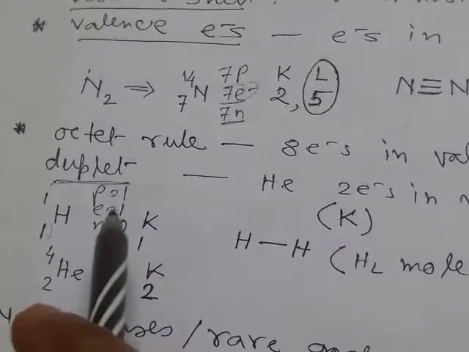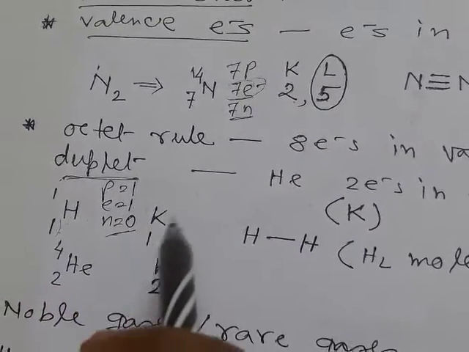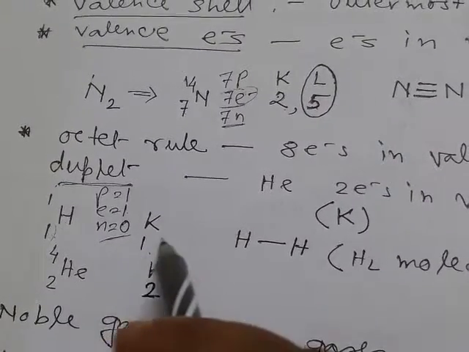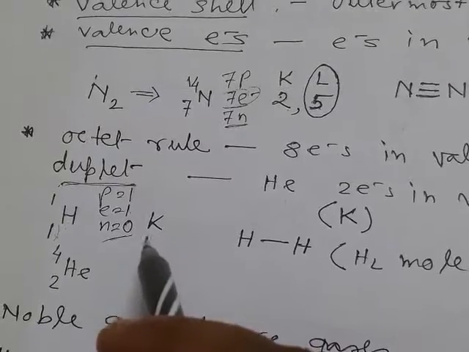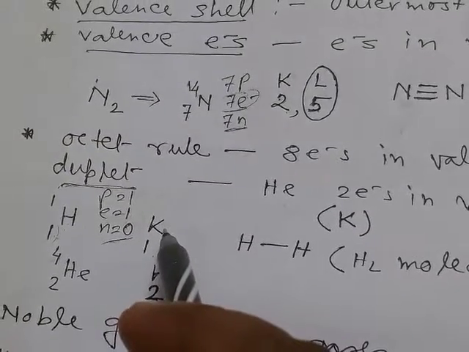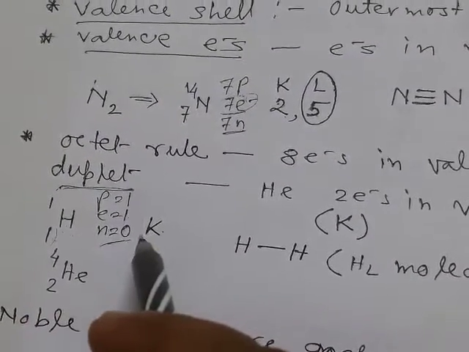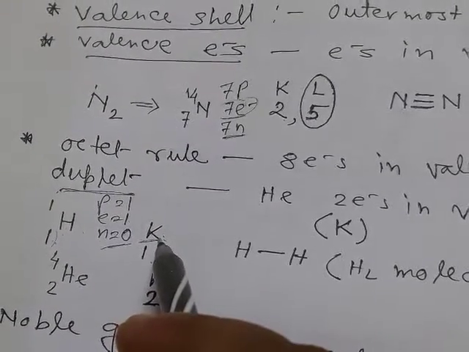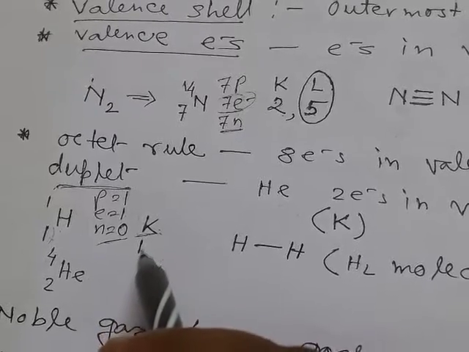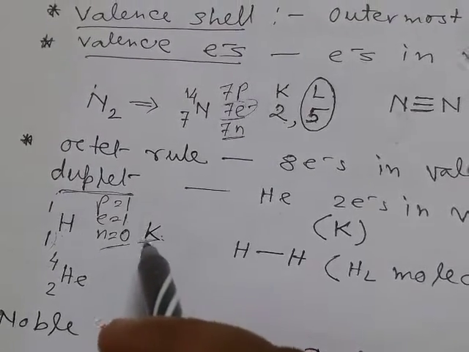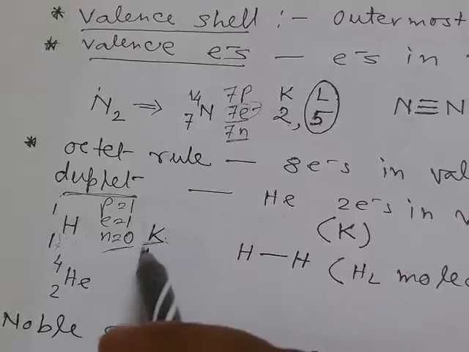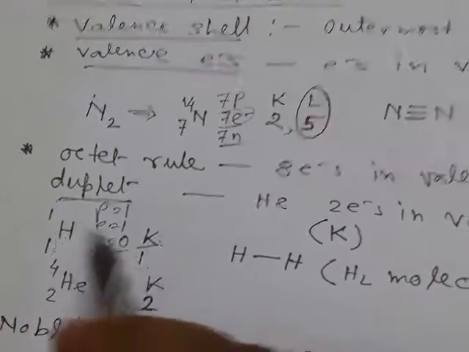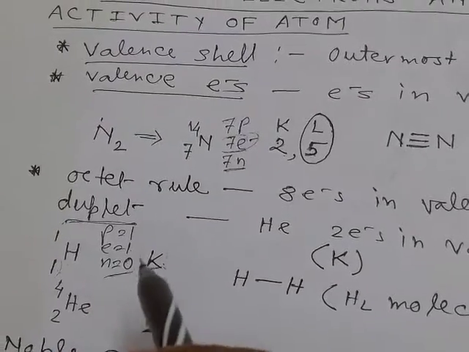This 1 electron is present in the K shell, as the K shell can accommodate a maximum of 2 electrons. So for hydrogen, the valence orbit is the K orbit and this electron is the valence electron.